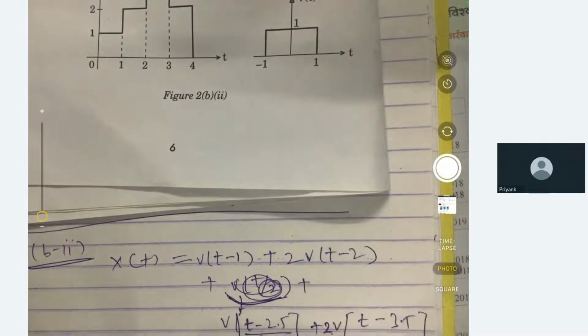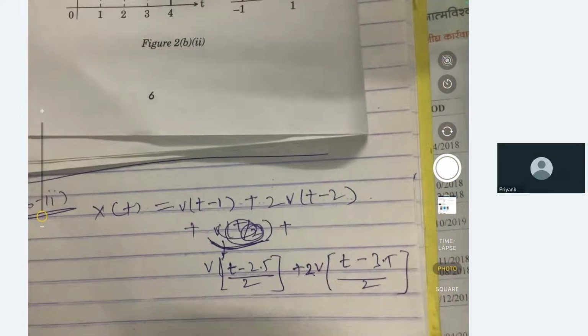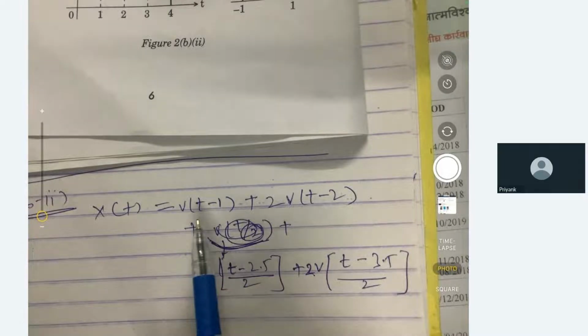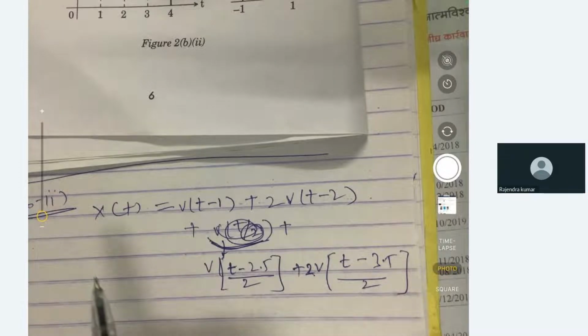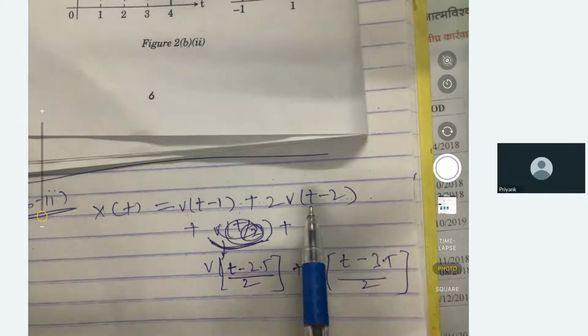It's okay. In the exam also we can write like this. Actually, for a 10 marker question, we need to show each step, like v(t minus 1), v(t minus 2), like that.